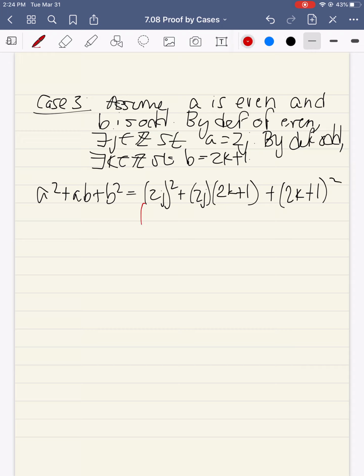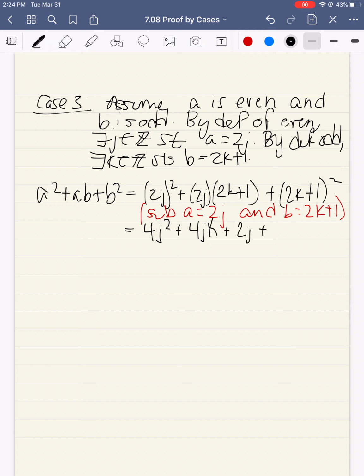So our justification, we sub a equals 2j and b equals 2k plus 1. Now we can expand, so 4j squared plus 4jk plus 2j plus 4k squared plus 4k plus 1.